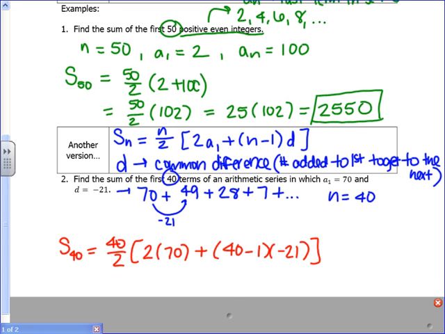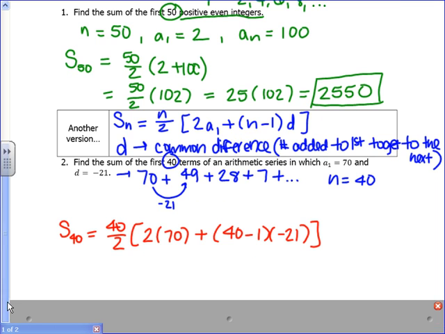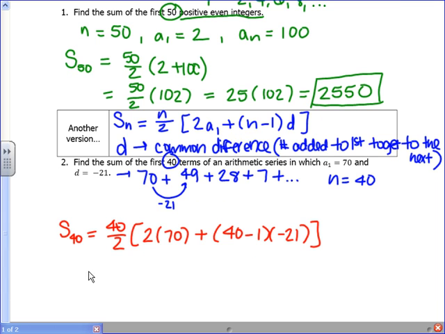And then close off those brackets. And then again, order of operations when we're solving this. So let's go ahead and simplify this out. 40 over 2 is just 20, so I'm going to replace that. I know 2 times 70 is 140. And then I have 40 minus 1, which is just 39. And 39 times negative 21 is going to give me negative 819.